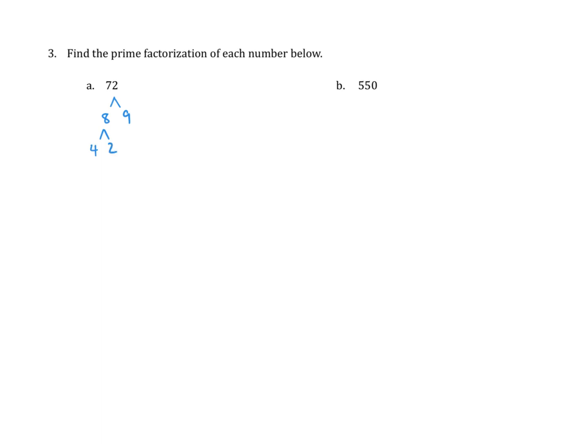And then 4 is composite, so I break that down to 2 times 2. And these 2's are primes, so I'm circling them. Those are the ends of the branches. And then I break 9 down to 3 times 3. And so I've got 3 2's and 2 3's. And I have to put them in order from least to greatest. I write 2 to the third power times 3 to the second power.